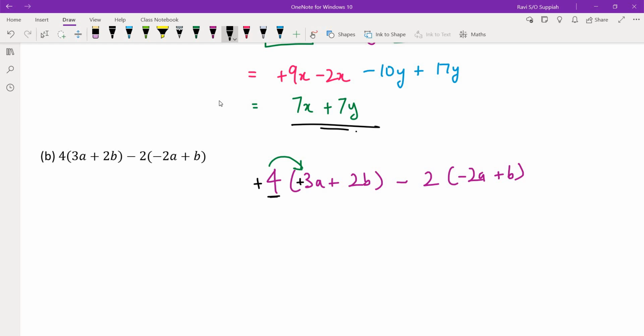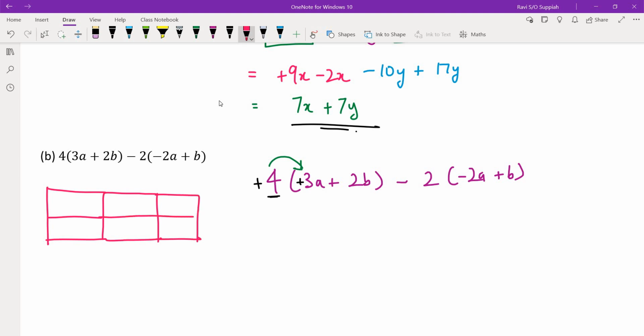Another confusion among students is the multiplication between different signs. The easiest way to remember is this. Just remember this table, and it's very simple. Same means plus, different means minus.